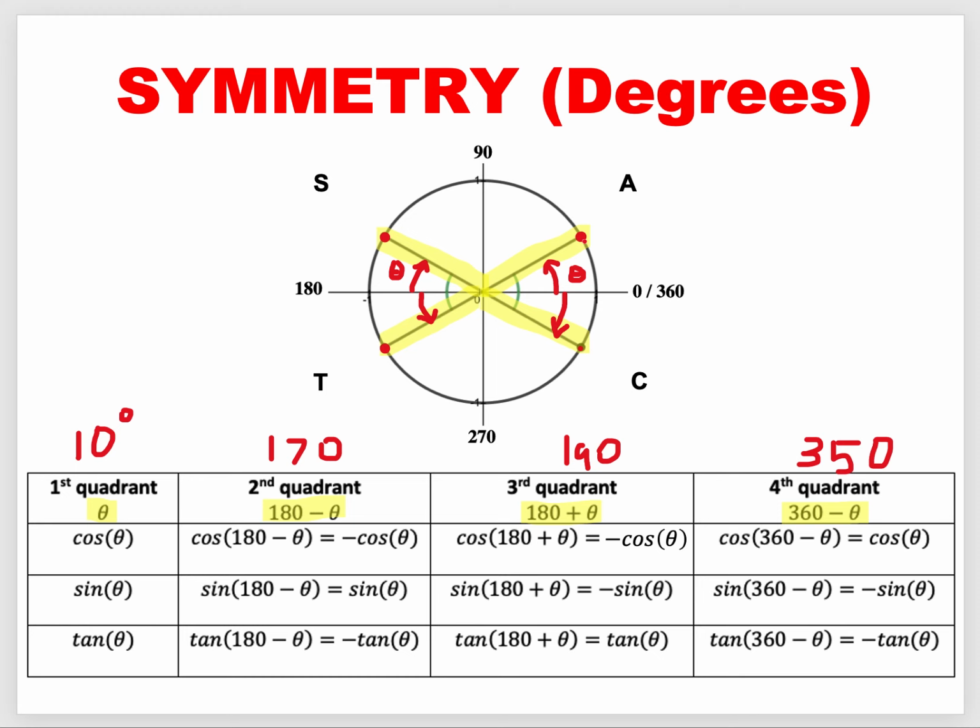So what that means is that cos of theta, cos of any angle in the first quadrant, will be a positive number because all of them are positive in the first quadrant. In the second quadrant, cos of our second quadrant angle, cos of 180 minus theta, will actually be equal to negative cos of theta. So it'll be the same value as in the first quadrant, it'll just be negative.